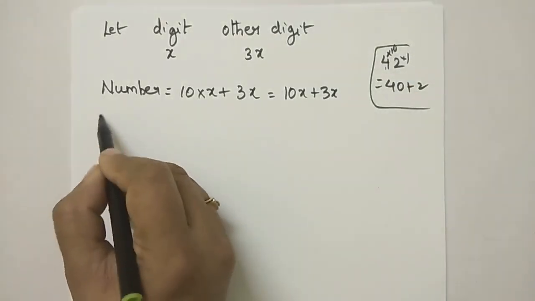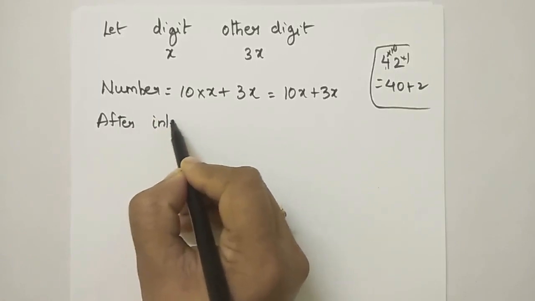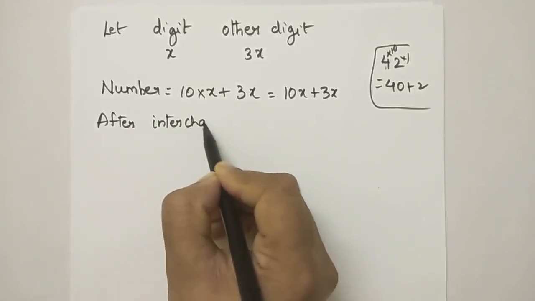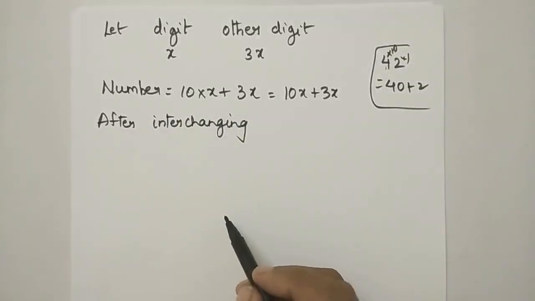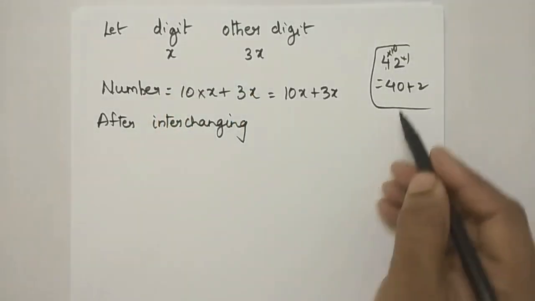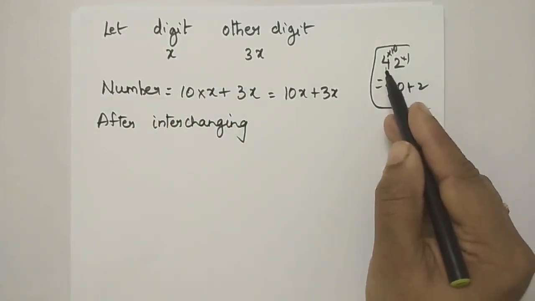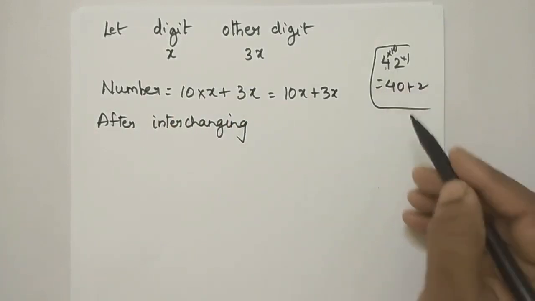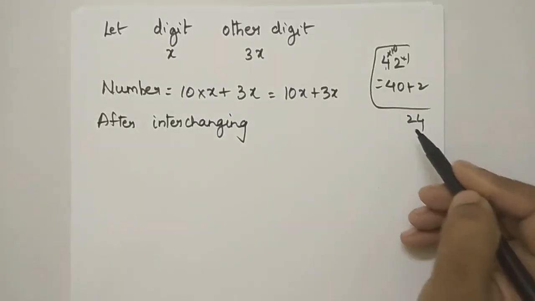Now after interchanging, we have to interchange the number in ones place to tens place and tens place to ones place. So the interchanging of this number becomes 24, is it not?